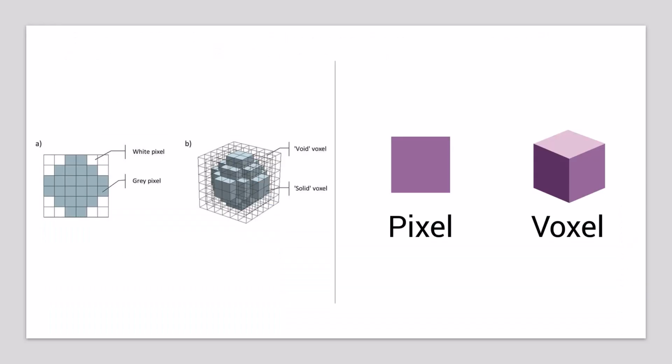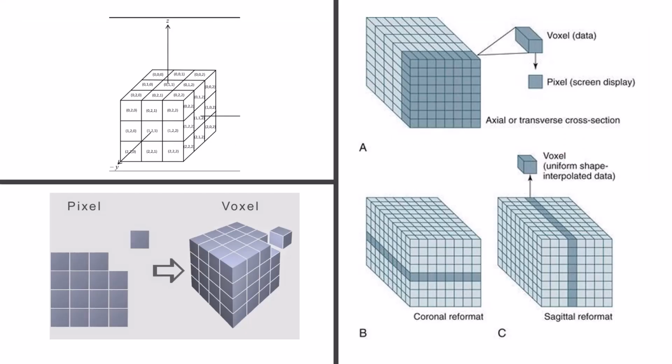Pixel is a contraction for picture element, whereas voxel is the volume of the pixel or picture elements. So a pixel is for 2D representations, and the voxel is used to create 3D representations. This graphic demonstrates accurately how we utilize the pixel and the voxel in gathering the information that we need to create images.